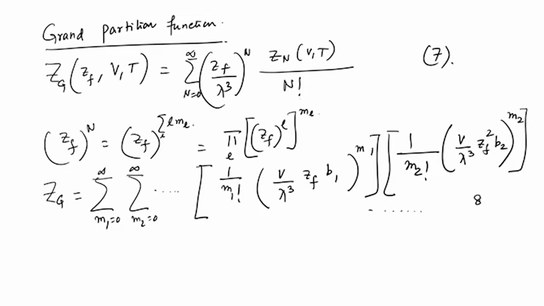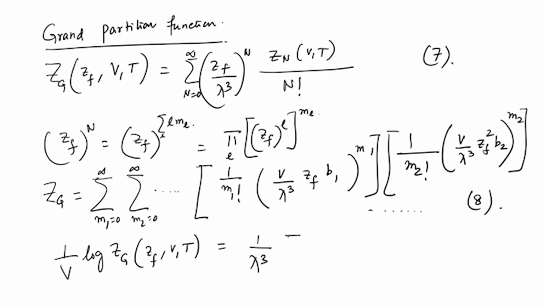So, one can do more simplification. What one can do is that 1 over V log of Z_G(z_F,V,T) can be written as 1 over lambda cube, and we have a sum over l equal to 1 to infinity of B_l z_F whole to the power l.